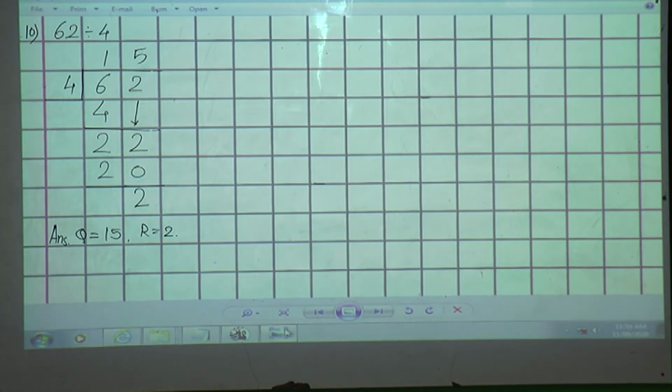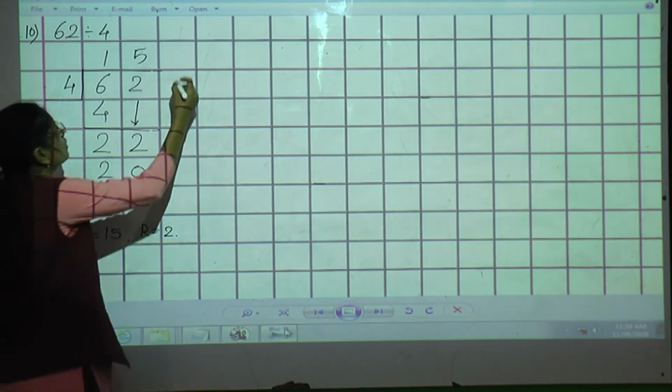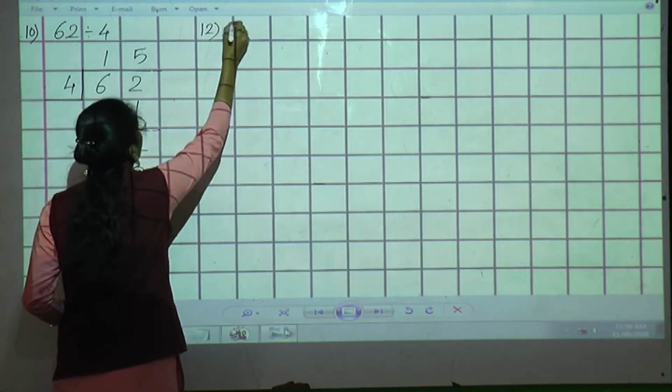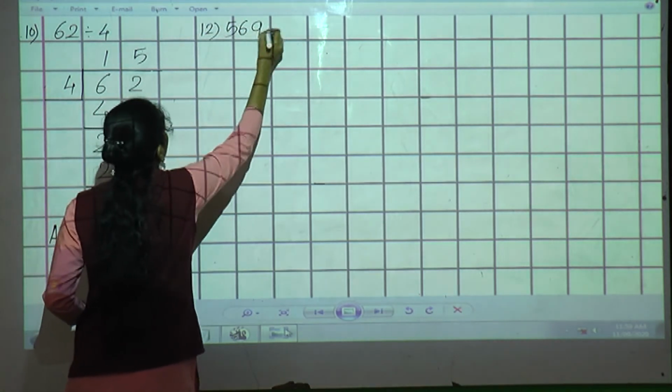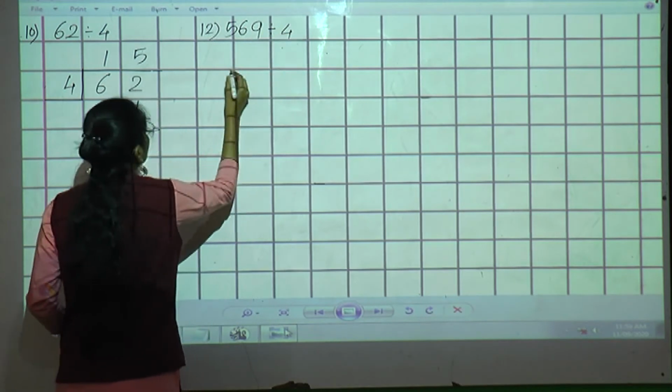Now we'll move to the next example, that is the 12th one. 569 divided by 4.